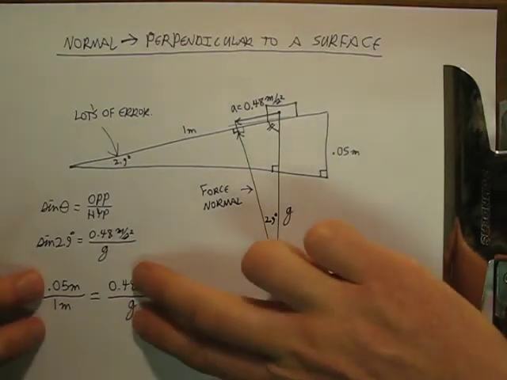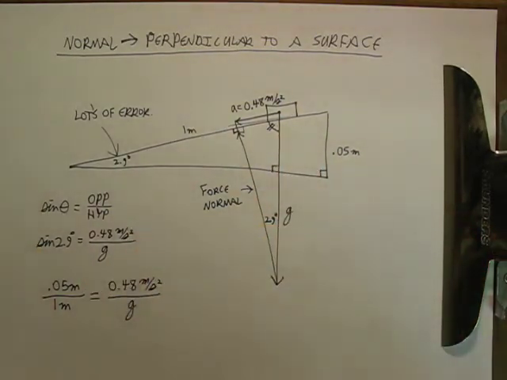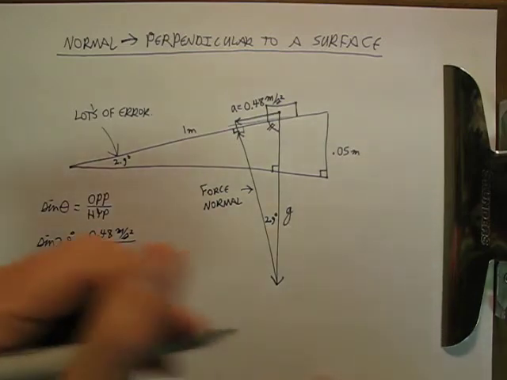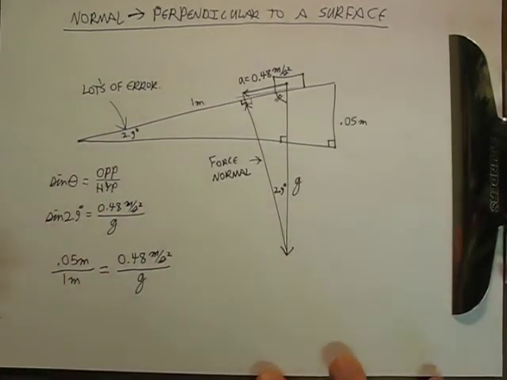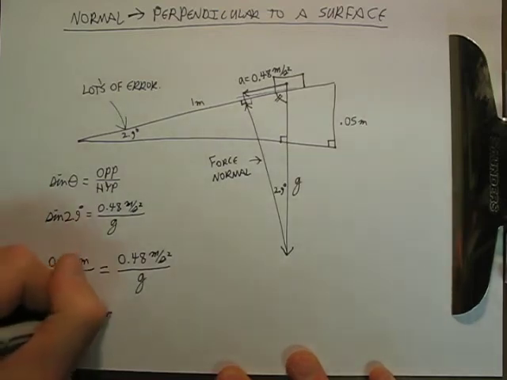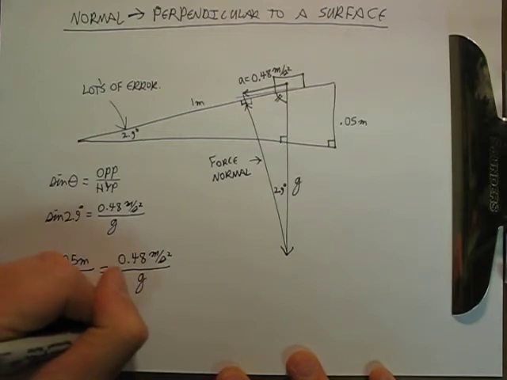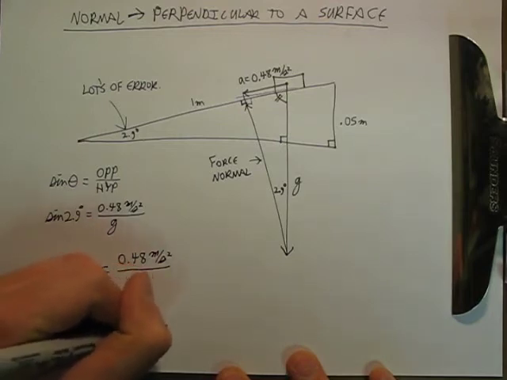So what I'm going to do is I'm going to take the whole thing and I'm going to flip it. I'm going to flip the fractions, and so I'm going to say 1 meter over 0.05 meters is equal to g over 0.48 meters per second squared.